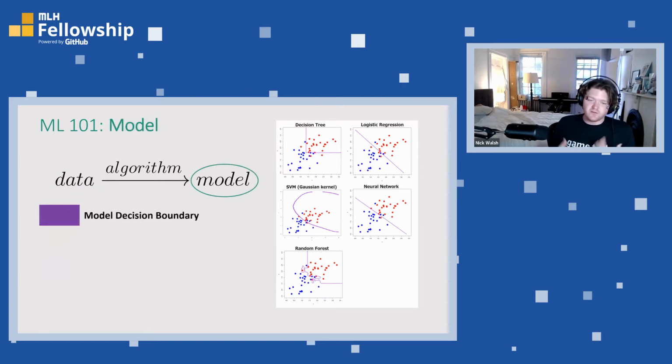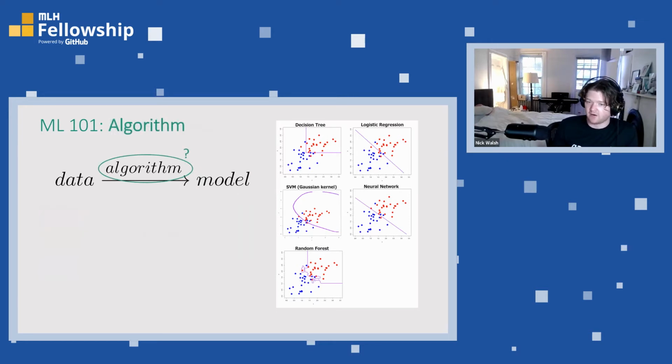Okay, so this is the model decision boundary. This does what I was just speaking about. Essentially, each of these different squares we see here is a different resulting model from the same set of data. Now, how did we get there? We got there because we have different algorithms.